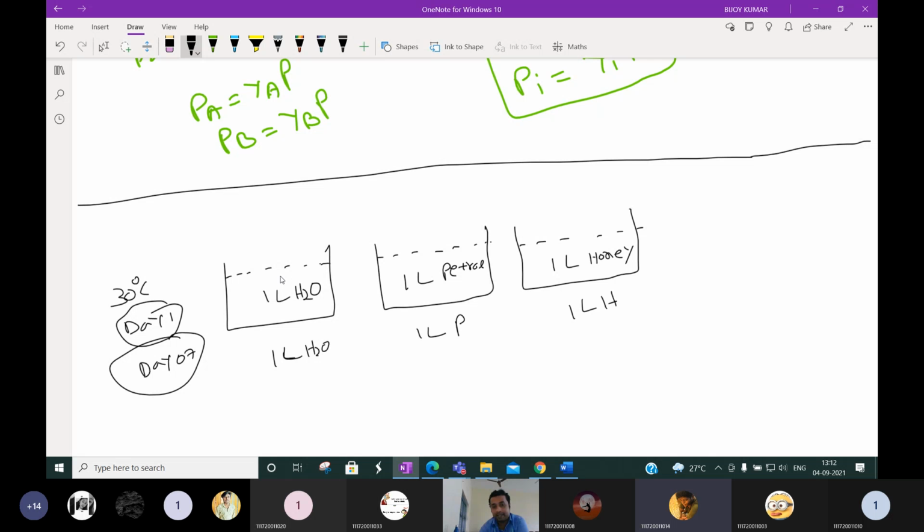But my question is, the boiling point of water, you know, is 100 degrees centigrade. It means at this temperature, water will change from liquid to vapor, liquid to gas state. So at 30 degrees centigrade, at room temperature, why is this liquid decreasing? Latent heat of vaporization, sir. Latent heat of vaporization is what?